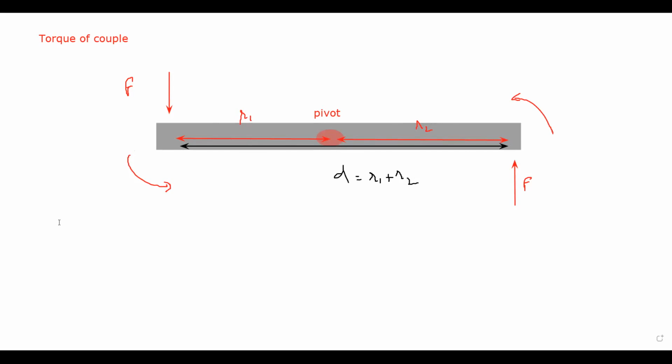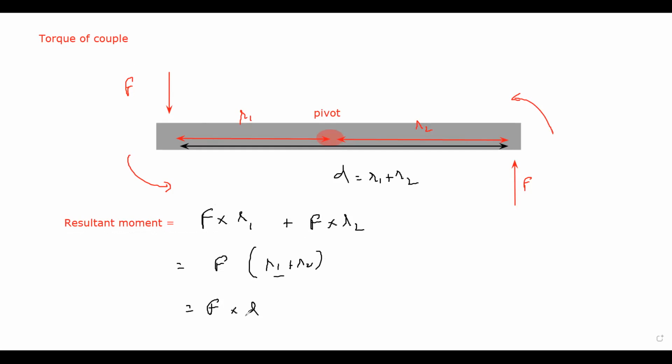When we calculate the resultant moment, because the two moments are in the same direction, we add: force multiplied by distance R1 plus the force multiplied by distance R2. If I take F common, it will be F times R1 plus R2. And R1 plus R2 is equal to D.